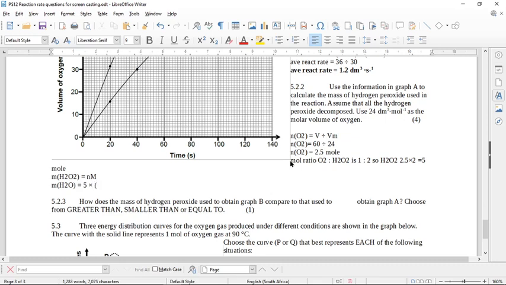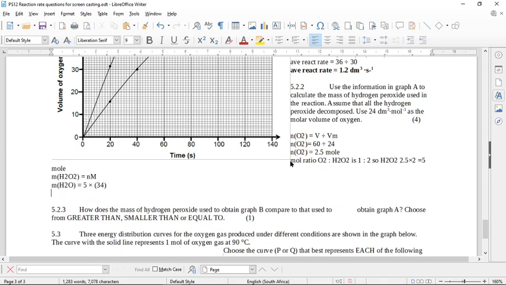Let's work it out here. 2 plus 2 for the hydrogen, 2 16s is 32, so that's going to be 34. We're just going to write 34 in there. So 5 times 34, I've got 170. The mass of, did I write water here? How did I write water? The mass of hydrogen peroxide is going to be 170 grams. Okay, and that should be my final answer here.